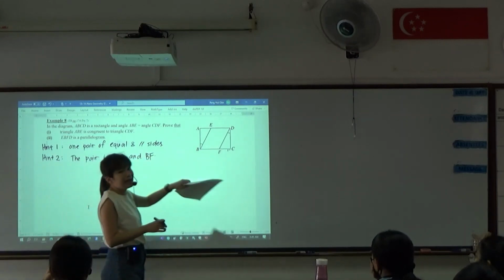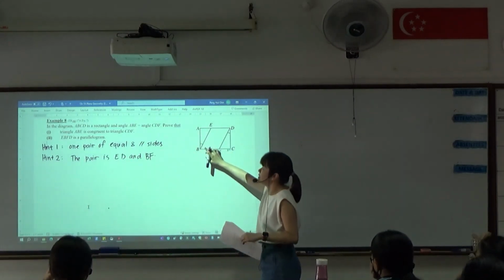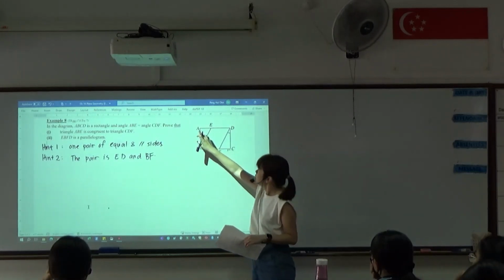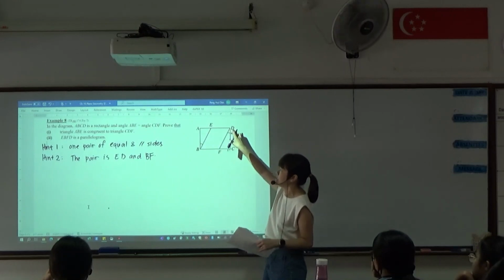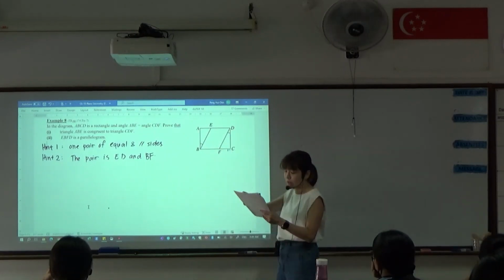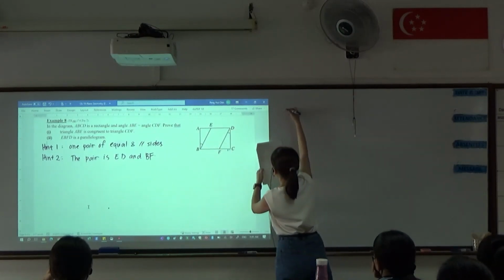The parallel part is simple because we know that ABCD is a rectangle already. So AD will be parallel to BC. Naturally, that will also mean that ED is parallel to BF. So we can write that down first.